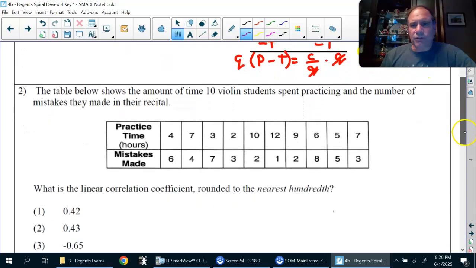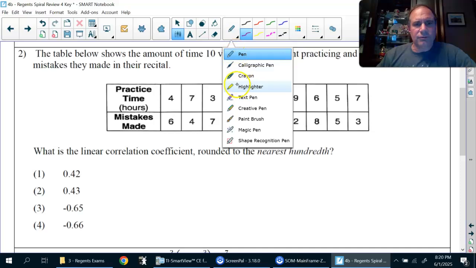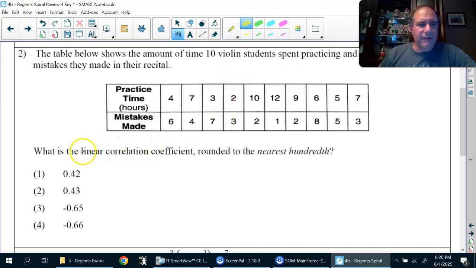Just remember, use inverse operations to solve for whatever variable they want.